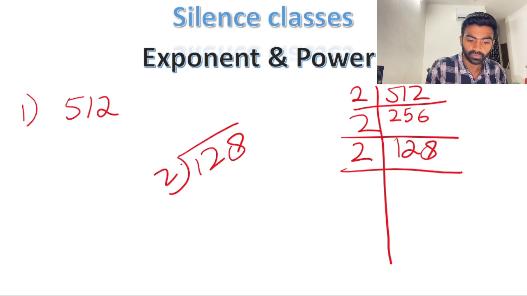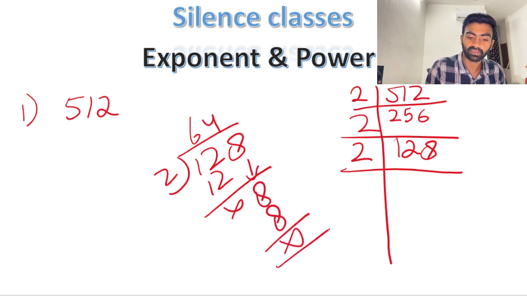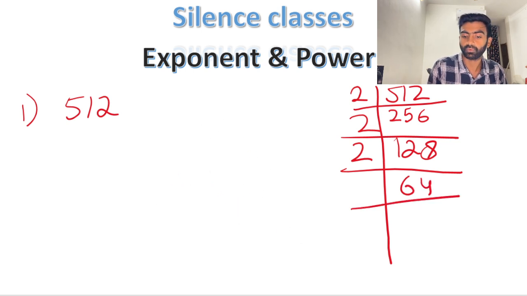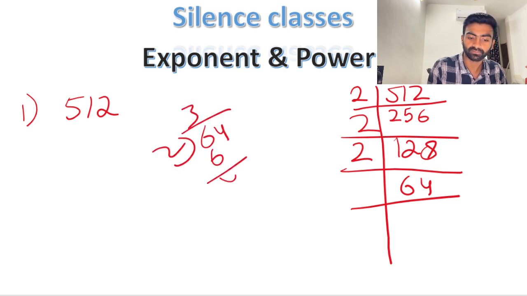2 6s are 12 and 2 4s are 8. If you have any doubt in calculation, please do it. Okay, don't do it verbally. 64, again 4 is there, it means it is divisible by 2. 64, 2 3s are 6, 4 and 2 2s are 4.